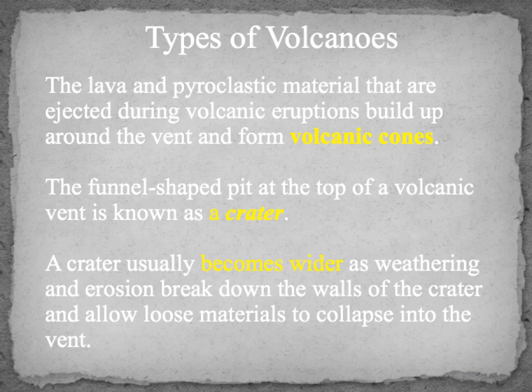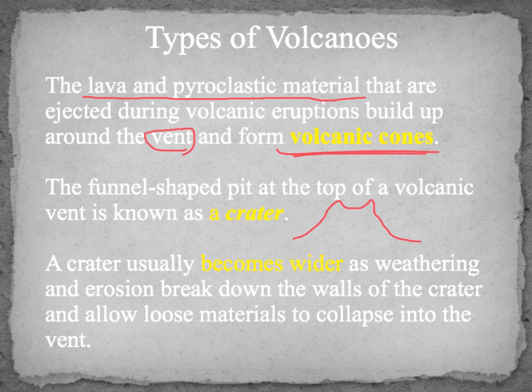And the lava flows and the pyroclastic material, after several eruptions, start to build up around the vent. Remember, the vent's the hole in the lithosphere that allows the magma to come up, and we get what are known as volcanic cones. And up near the top of the volcano, we have the crater.